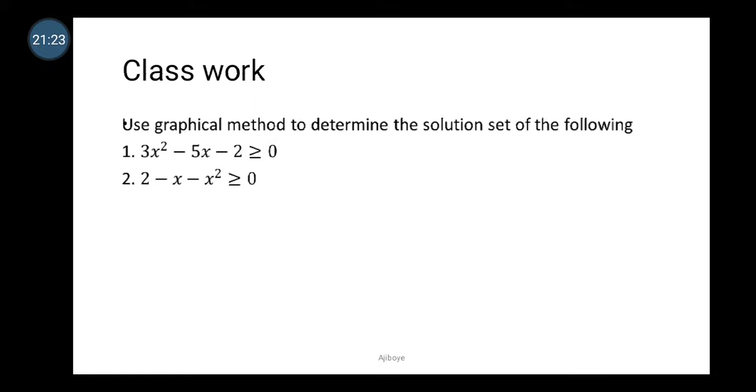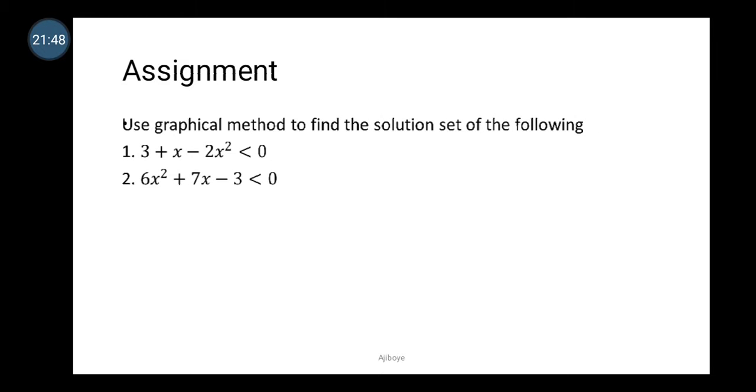Then you go to the question. The question says greater than 0. So pick the region for which the graph is above the x-axis. And you do that. Then you forward your attempt to my WhatsApp number so that I can guide you aright.